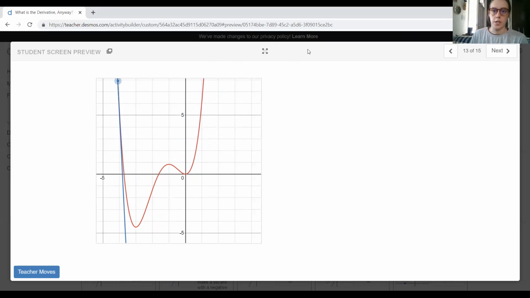We already know the general shape of a relative minimum. And we also know the general shape of a relative maximum.